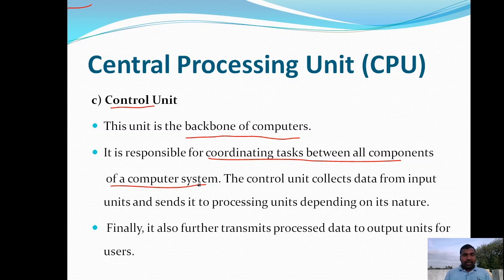For example, the data transfer from the memory unit to the arithmetic and logical unit can be done only when the memory unit receives an instruction from the control unit, that is, transfer the data which is available in so and so memory location. Then only is the memory unit able to transfer the data from the memory to the ALU.